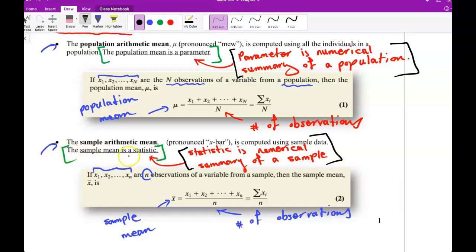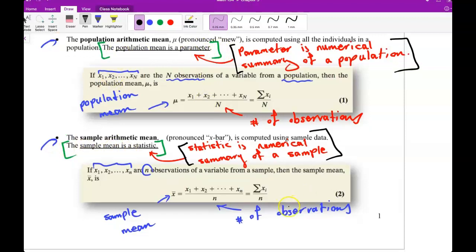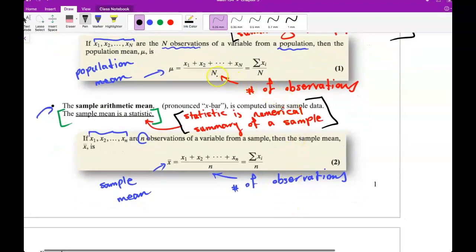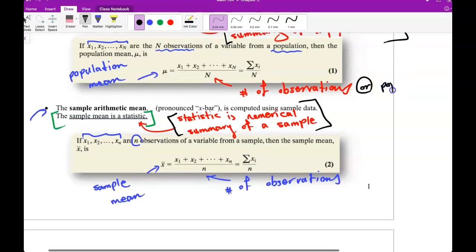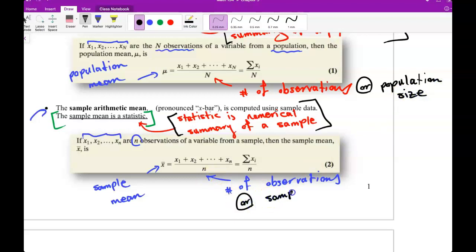So S for S, and P for P. And here I said that N is the number of observations, or we can say population size, and here it's the number of observations or sample size. Later, I'm going to use these two instead, population size and sample size, to show what the difference is.